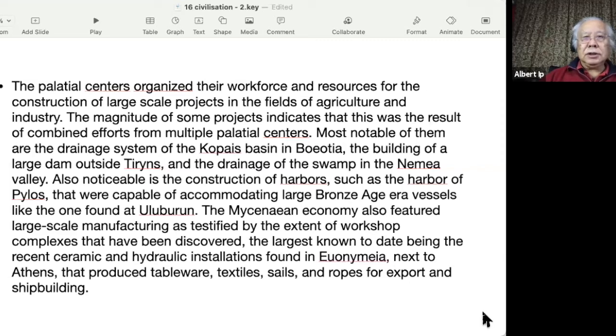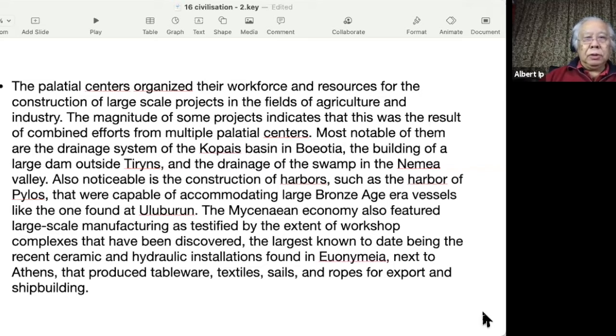The magnitude of some projects indicates that it was the result of combined efforts from multiple palace centers. Most notable of them are the drainage system in the basin, the building of a large dam outside the area, and the drainage of swamp in the valley. So again, it is important for people to get organized in order to make a large-scale project.